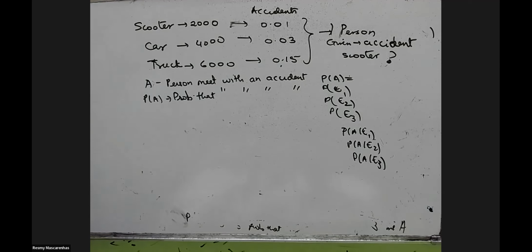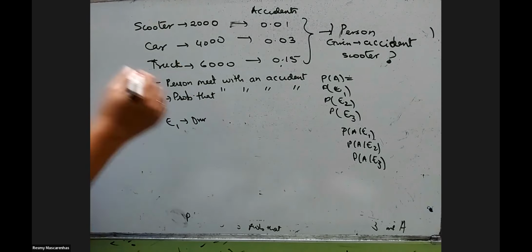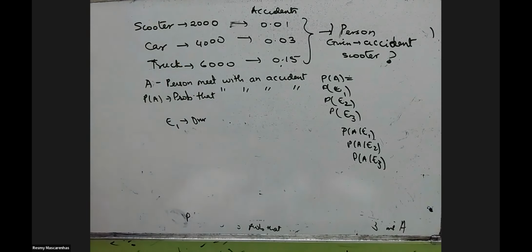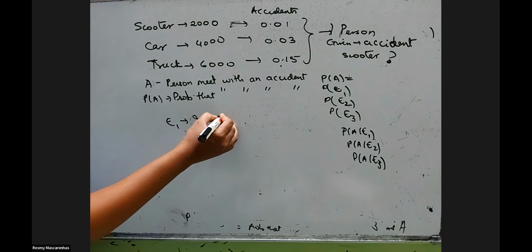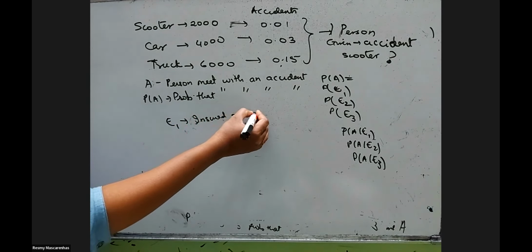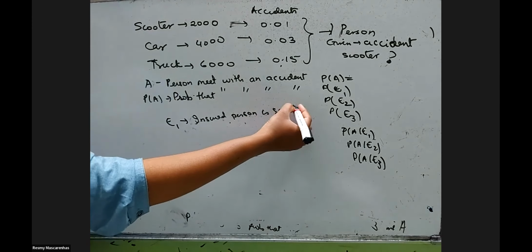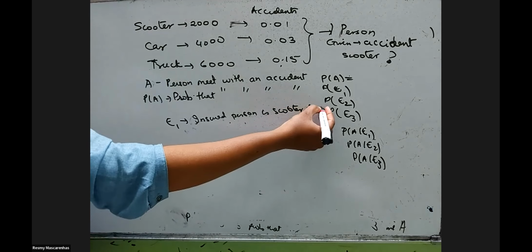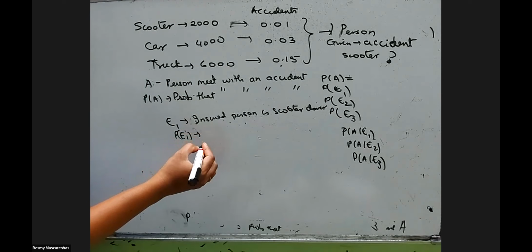Now this is done. Now next is E1. E1 is what? The driver. Insured person is a scooter driver. We use E1 for scooter. So what is the probability that he is a scooter driver?